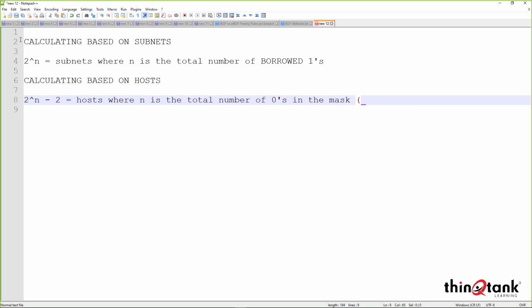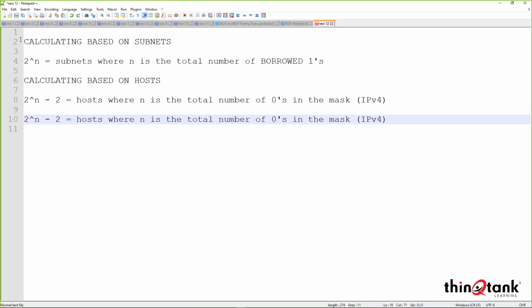This is for IPv4. The formula is slightly different for IPv6 because you only subtract 1 for IPv6.